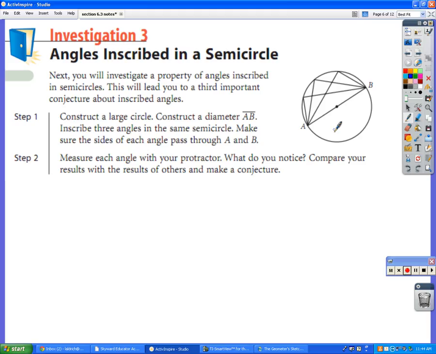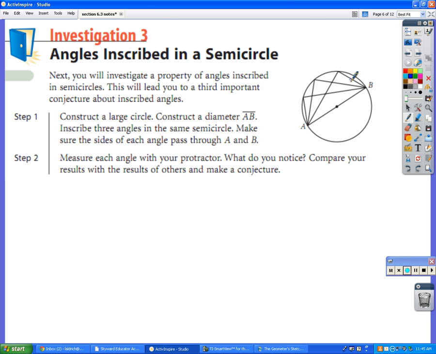Wrong. How many degrees? Well, 90 degrees, good, because these inscribed angles are always half of the arc that they intercept. So if this is a 180 degree arc, then this is going to be 90 degrees. This one right here is also going to be 90 degrees, and that one's going to be 90 degrees.